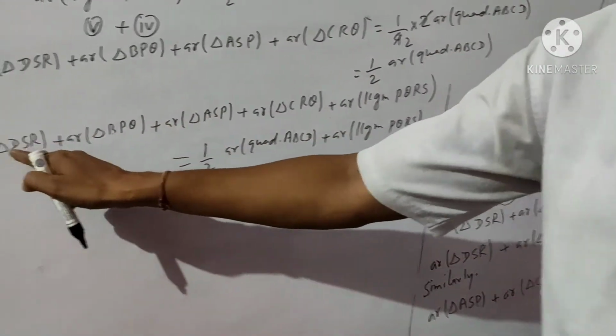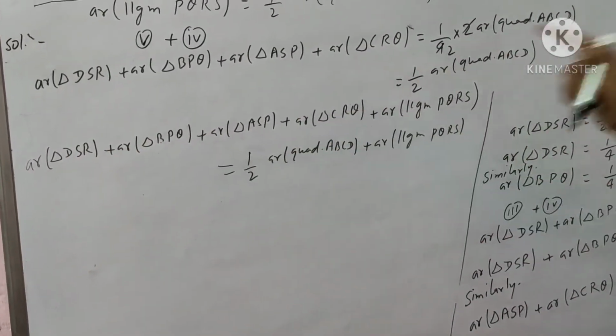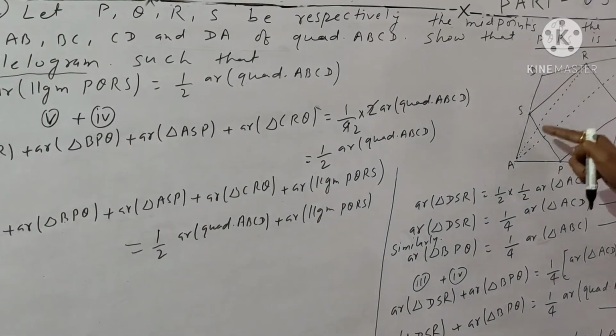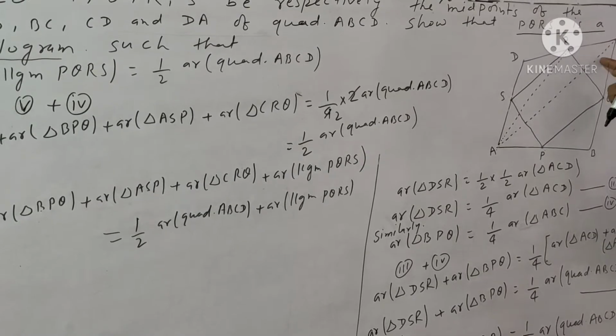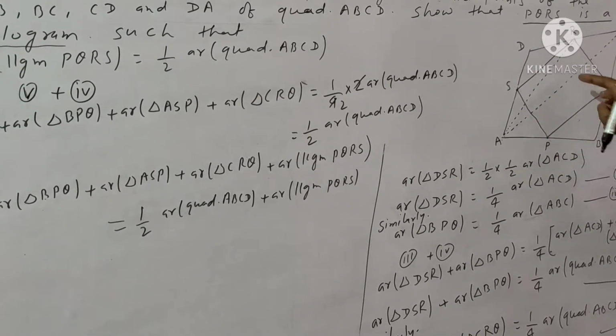So look here, student, 4 triangles are there, 1 2 3 4, and the area of parallelogram. That means this plus this plus this plus this and plus this.